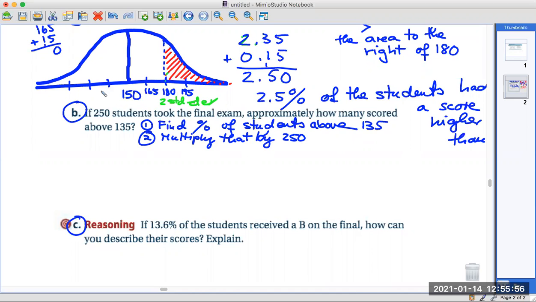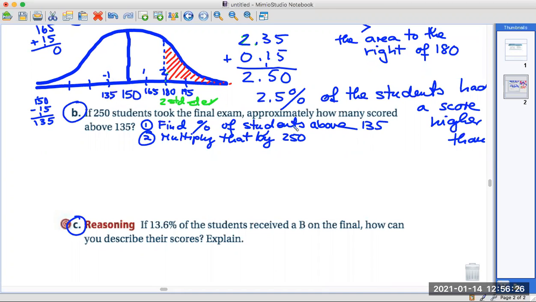Above 135. Okay, so we got to go this way because notice the mean is 150. So we're going to go down a standard deviation. Here we went up, standard deviation 1, standard deviation 2, so we always added 15. Now we're going to have to subtract 15. So 150 minus 15 is 135.